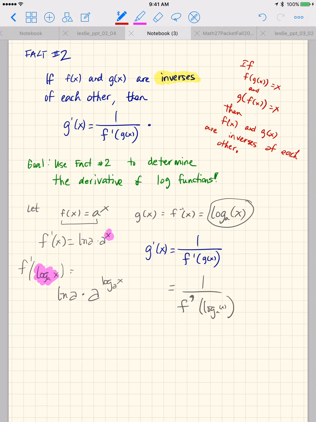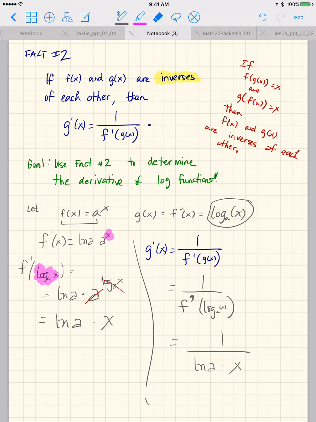The a and the log base a are going to cancel each other out because they're inverse functions. So we're going to get natural log of a times x. So back to our formula over here with g of x, we'll get 1 over natural log of a times x.